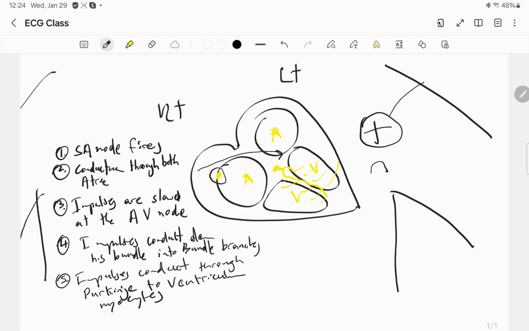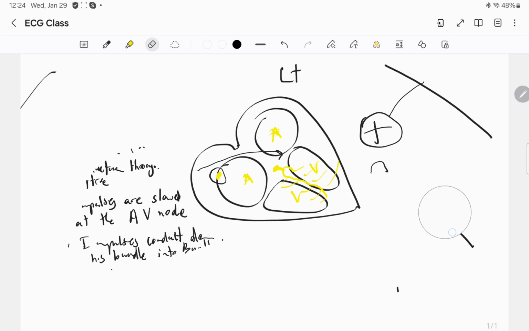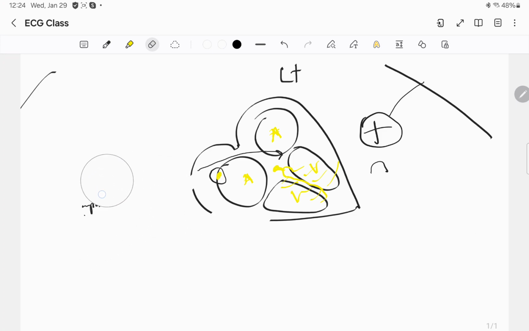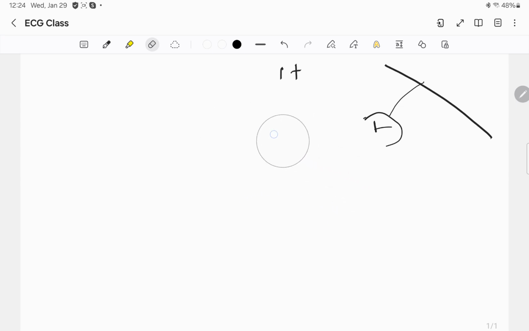Okay, so at this point, I think it's reasonably relevant that I just briefly talk about the types of cardiac tissue. There's a lot of things we could talk about, and I don't want to just go on and on forever without ever showing you an actual ECG.